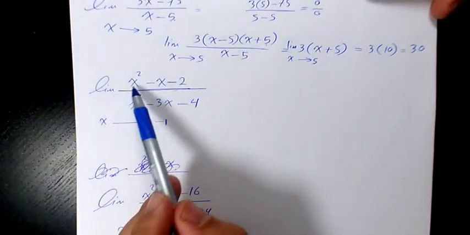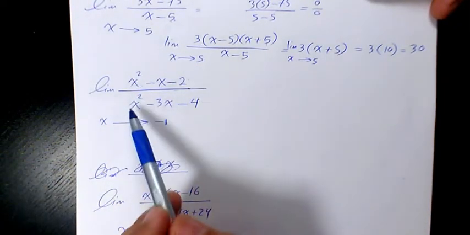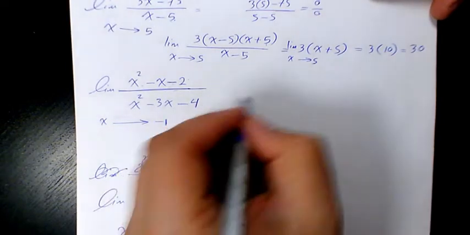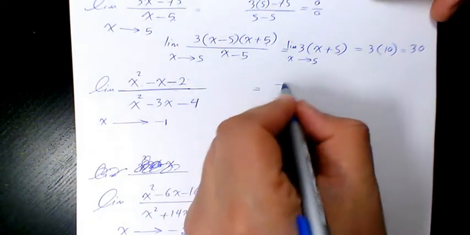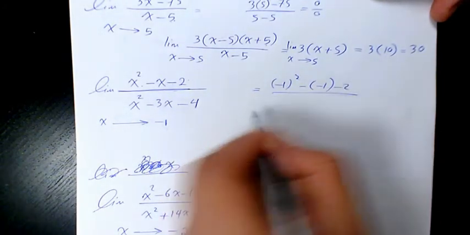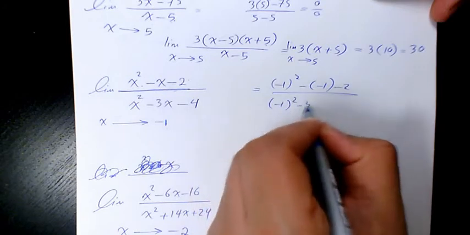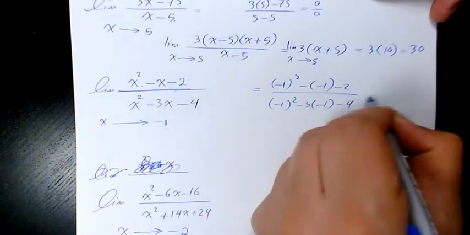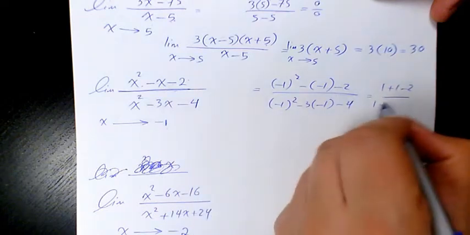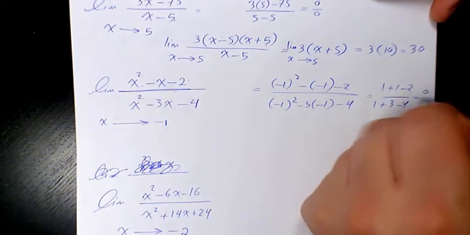Next one is the limit of (x squared minus x minus 2) over (x squared minus 3x minus 4) as x approaches negative 1. That will be negative 1 squared minus negative 1 minus 2, over negative 1 squared minus 3 times negative 1 minus 4. It's going to be 1 plus 1 minus 2 over 1 plus 3 minus 4, which is 0 over 0.